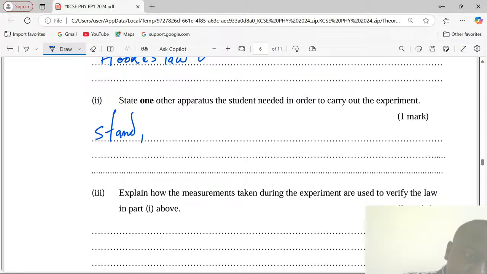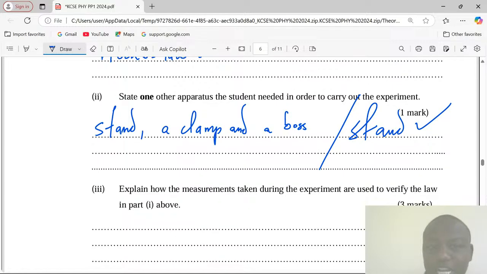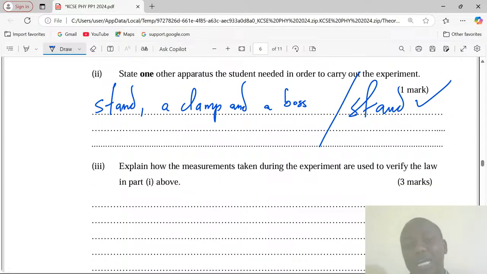When a student says stand, that student knows what they are talking about, because a complete stand will be having the stand, the clamp, and the boss. That way now, the student will be in a position to perform an experiment to verify the Hooke's law.